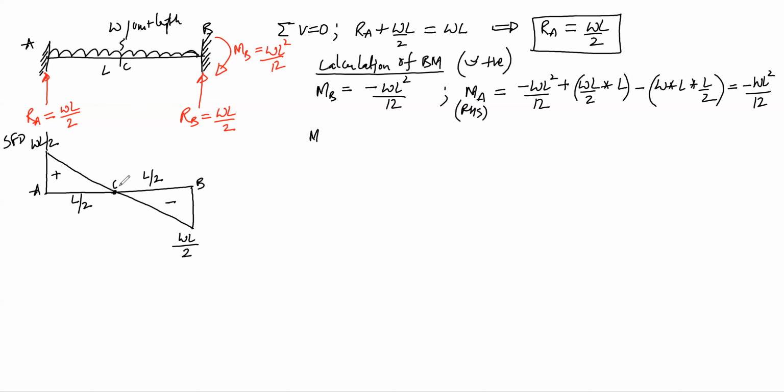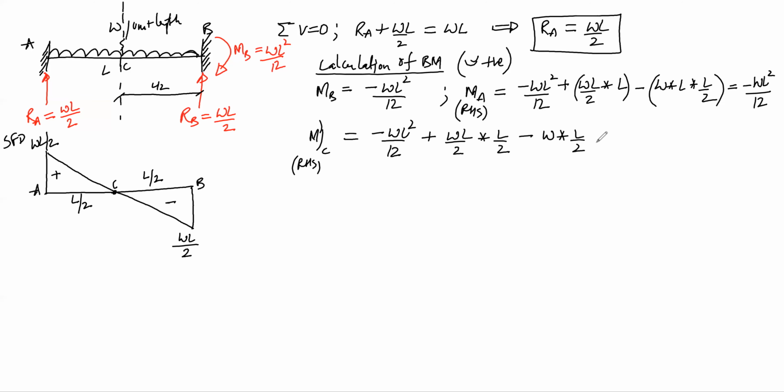So let us take this point as C. So bending moment at C, if we consider right hand side, will be, so at this point let us consider there is a section and we are taking right hand side portion, so it is minus WL square by 12 because it is hogging bending moment, and RB into, so now this distance is L by 2, so it will be RB into L by 2, which is sagging, so it is plus WL by 2 into L by 2, and this UDL will be W into L by 2 into half of L by 2, which is hogging, so it is minus W into L by 2 into half of L by 2, that is L by 4.